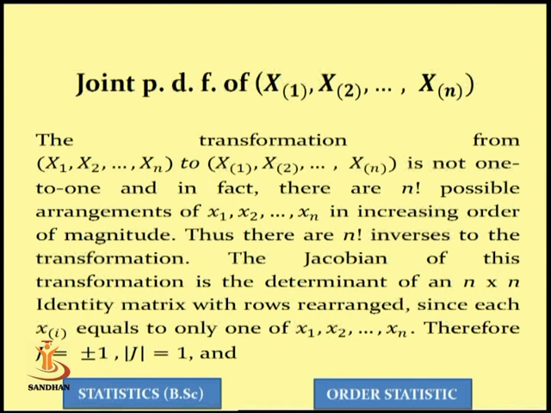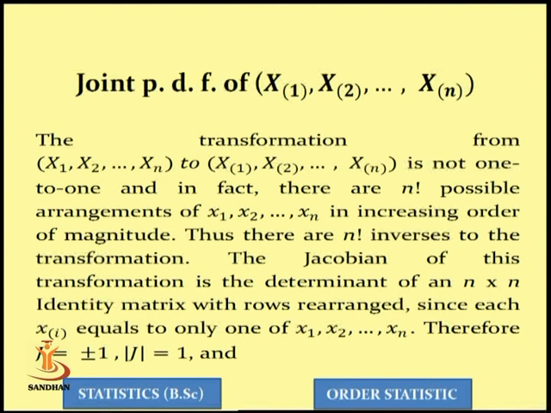The transformation from the original random variables X1, X2, ..., Xn to the order statistics in order is not a one-to-one transformation, and in fact there are going to be n factorial possible combinations, because out of the n, any one can be the smallest, out of the remaining, any one can be the next smallest, and so on. So we have n factorial possible permutations when we arrange these in increasing order of their magnitude.